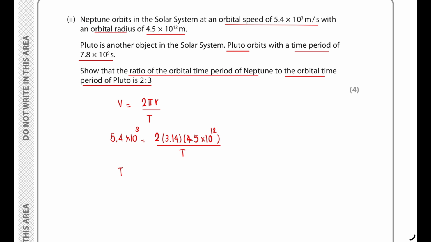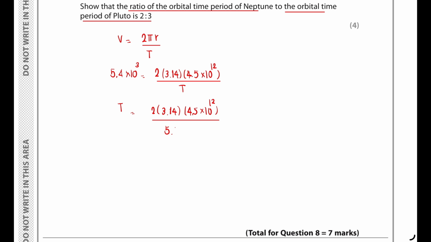So therefore the time period equals 2 times 3.14 times 4.5 times 10 to the power of 12 divided by 5.4 times 10 to the power of 3. So the time period equals 5.2 times 10 to the power of 9 seconds. Okay, now we will find the ratio.